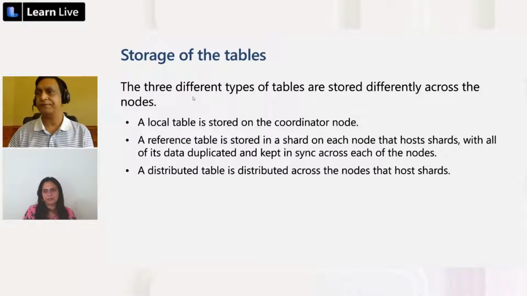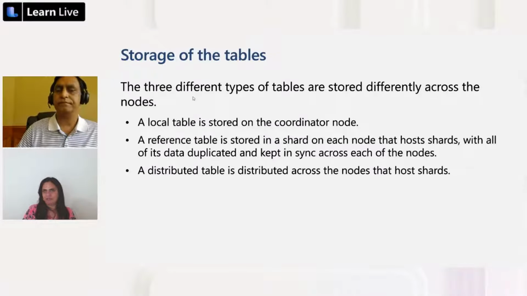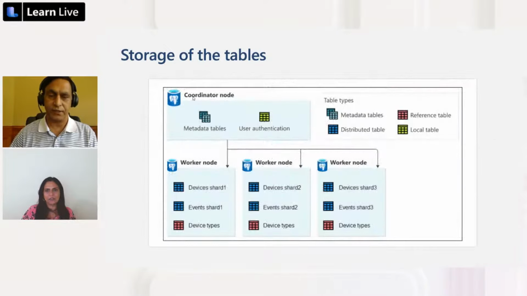relational tables. And the other thing you need to keep in mind is that the local table is stored in the coordinator node, the reference table is stored on every node where the shards are, and the distributed table is across all the shards. Basically, reference table data is being copied on each shard.